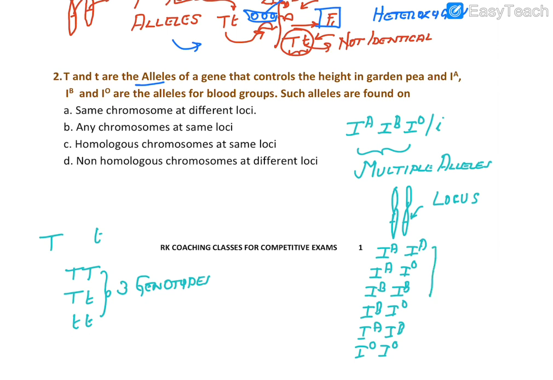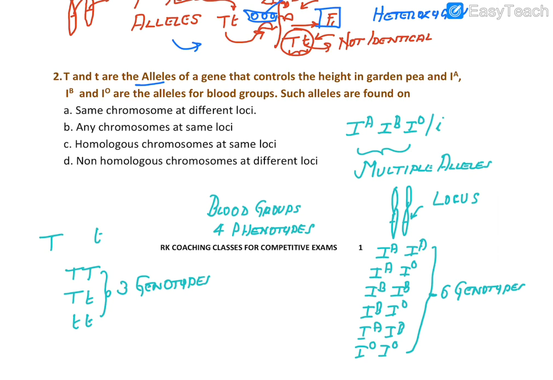But here, if you take the number of genotypes, 6 genotypes are possible. If you take the blood group, how many phenotypes are present? Four phenotypes.